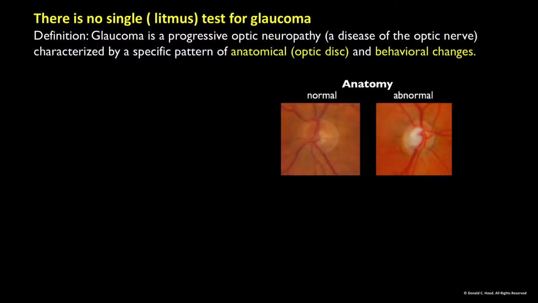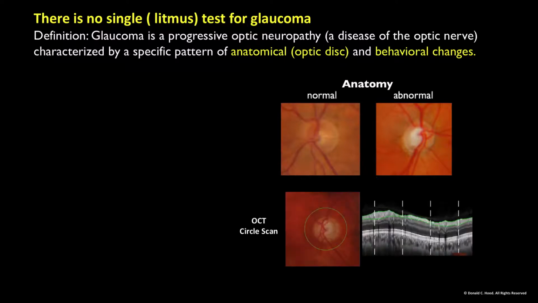Historically, the anatomical changes were identified by looking at the disc, either with direct examination or with photos, sometimes stereo photos. Now, increasingly, OCT scans are being used as well.